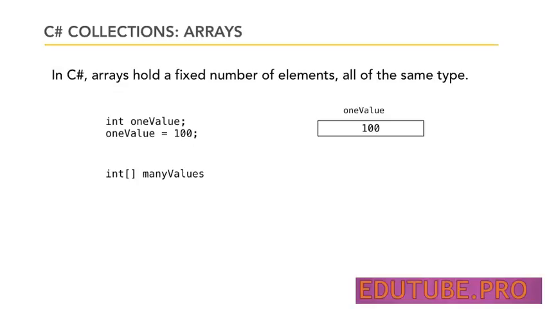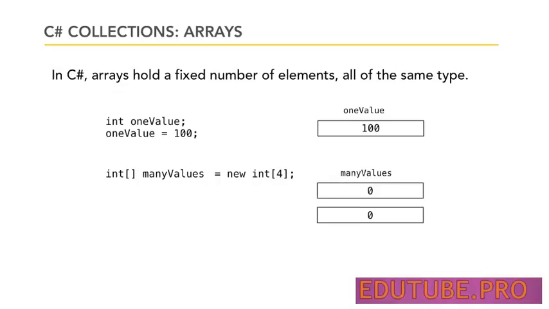And then you complete the sentence by saying equals new, and then the type that you're creating, in this case an integer, and then inside the square brackets, you put the number of slots that you want to create. So this line of code, int, square brackets, manyValues, creates a variable called manyValues, which is an array of, in this case, 4 integers.